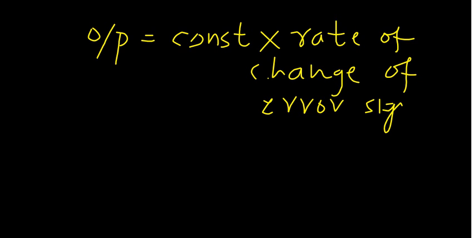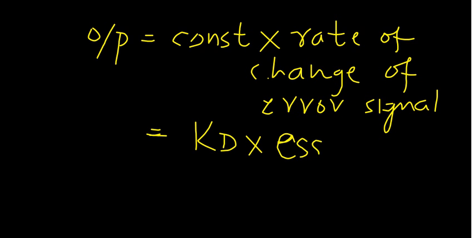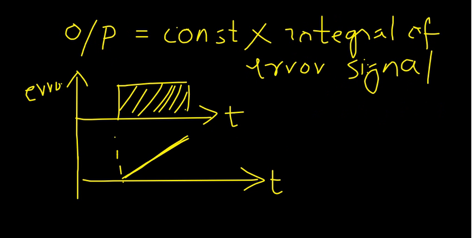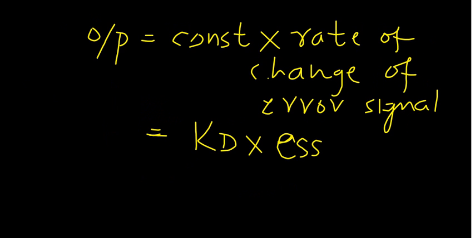So now we can take this as Kd into the derivative of the error signal. Previously I would take this as Ki into the integral of the error signal. Now when I come here, suppose my error signal is something like this, this is error, this is time, and as far as the output signal is concerned, you would get a signal like this, right?